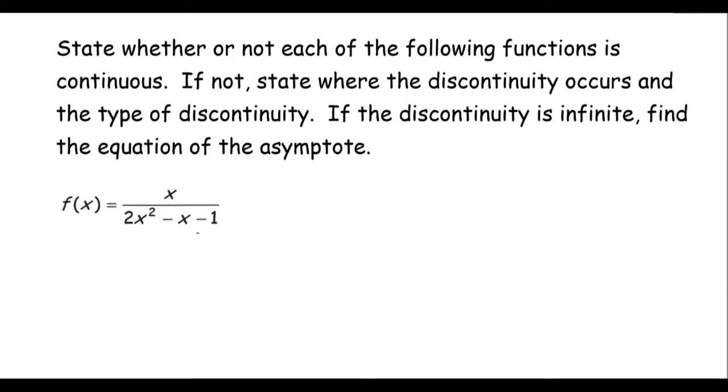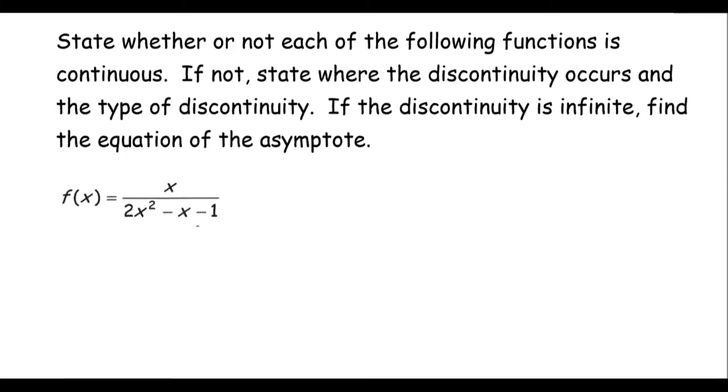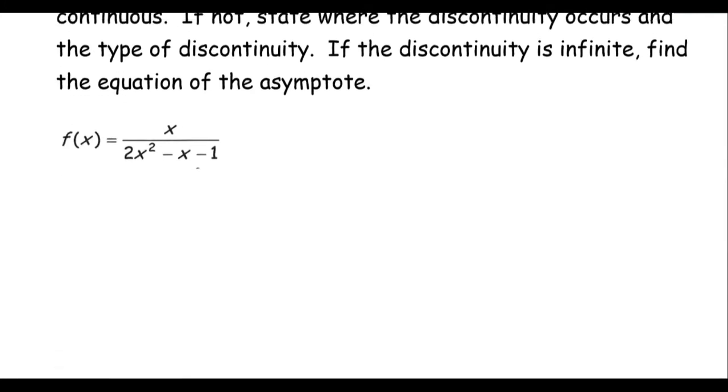And if the type of discontinuity is an infinite discontinuity, we're also going to give the equation of the asymptote. Those are the things we're going to look at. All right, so let's look at f of x here. What kind of function is that? Rational. Okay, so what do we know about continuity of rational functions?